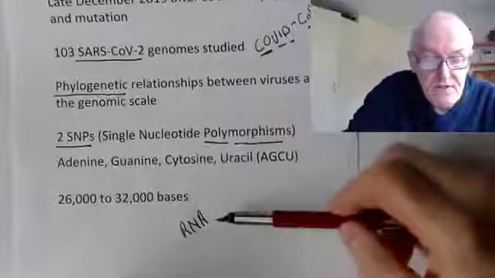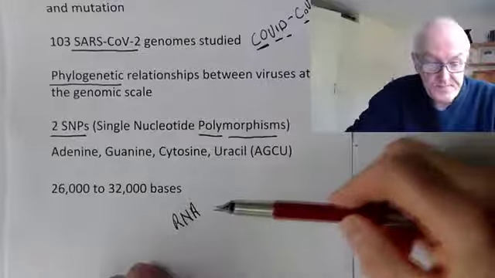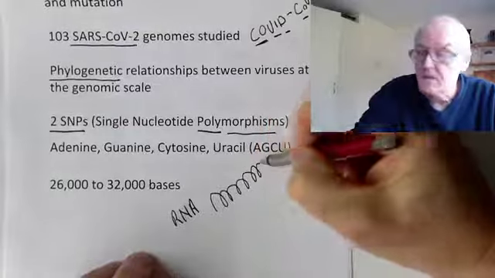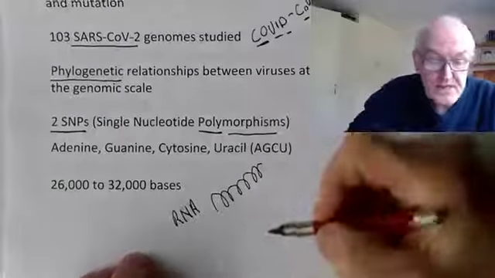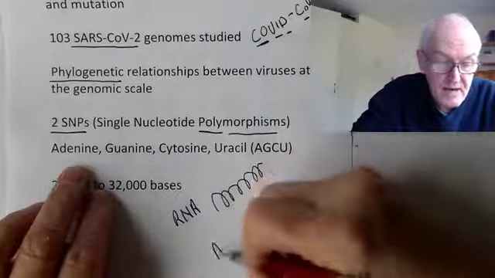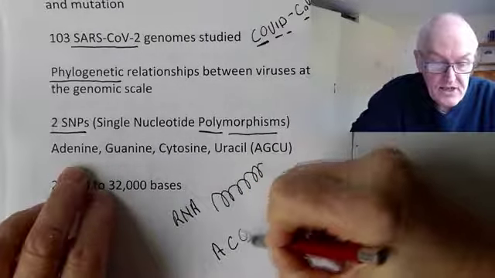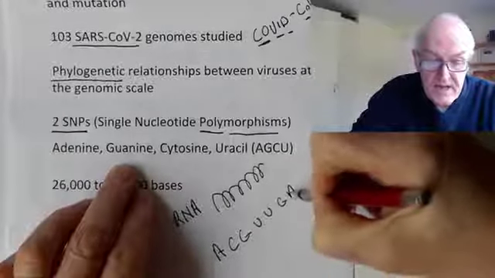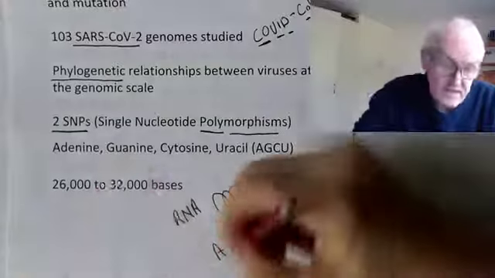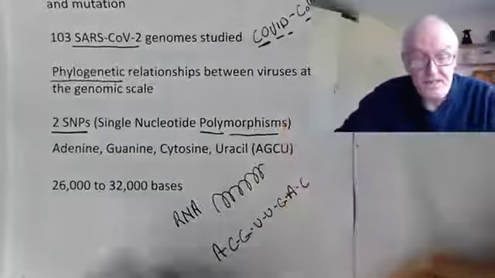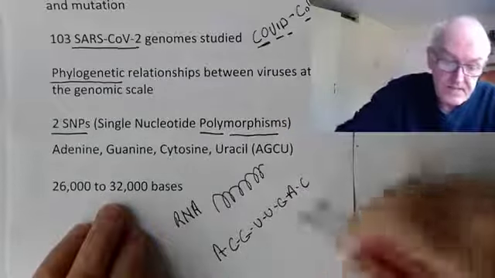So the virus of the COVID-19 infection is one long strand of this RNA, and this strand is made up of sequences of these bases or these letters. So there might be an A, C, G, U, G, A, C, long sequences of these letters, about 26 to 32,000 of these letters.